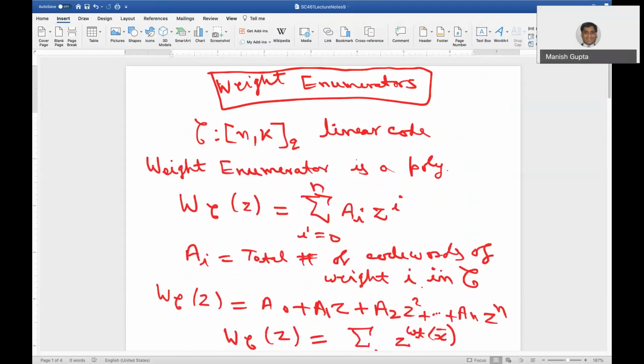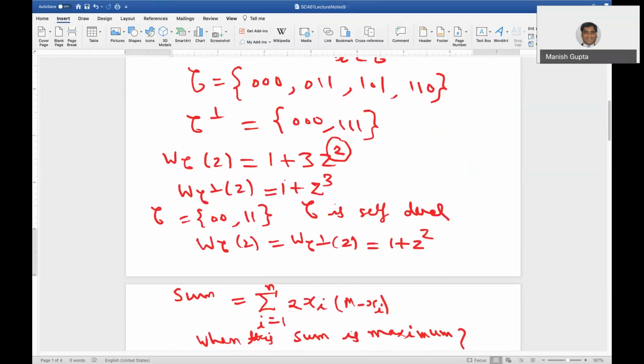Now I want to give you a very nice formula. If we know W_C(z), can we find W_C-perp(z)? This is a nice question. Is it possible to find W_C-perp(z) from W_C(z)? And the answer is yes, and that can be done by what is known as the MacWilliams identity. I can write down the formula first, and then we will try to prove it.